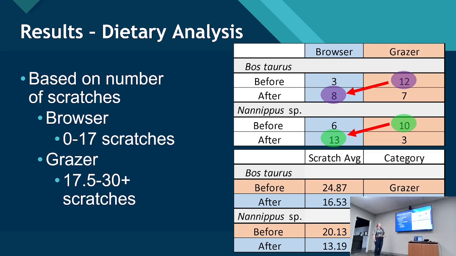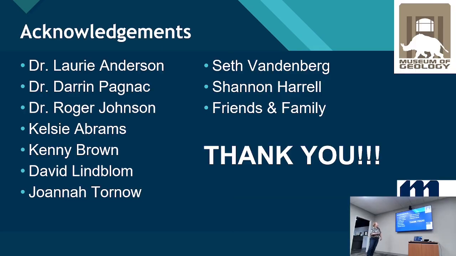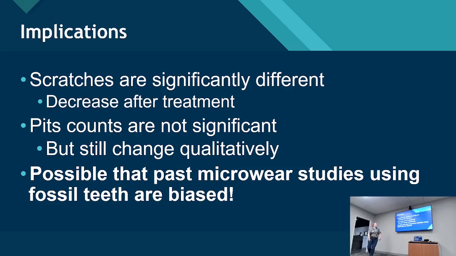But after the treatment, they all became browsers. So our cows and our horses, which are mainly grazing animals, suddenly are classifying as browsers, which is more like our deer. So this definitely has some implications that this treatment style could affect our dietary analyses.